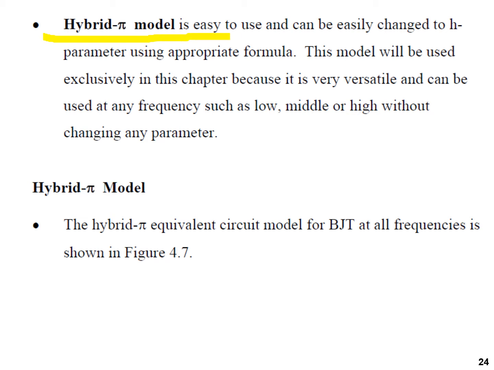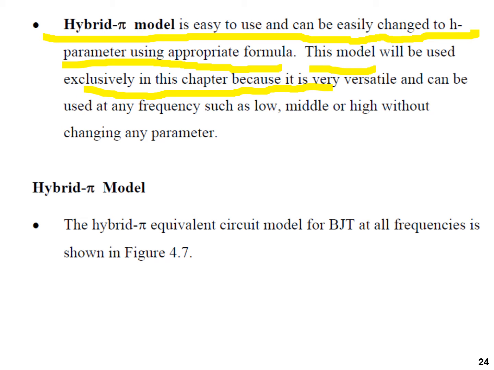The hybrid pi model is easy to use and can be easily changed to each parameter using the appropriate formula. This model will be used exclusively in this chapter because it is very versatile and can be used at any frequency, such as low, middle or high frequency, without changing any parameter.